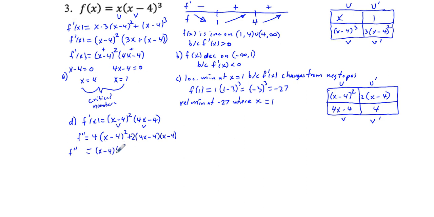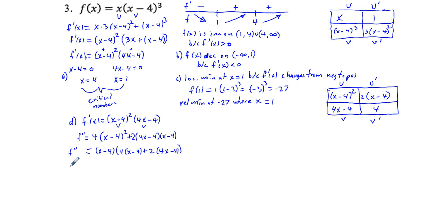And what do we have left? Well, we're going to have 4 times x minus 4, because we still distribute that, plus 2, and we factored out this x minus 4 already, so we'll have 2 times quantity 4x minus 4.